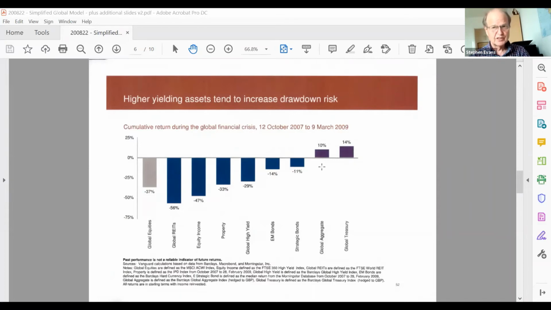So these were seen as safe haven assets. And if you had already been holding them in your portfolio, then you've got the benefit of that move to safe haven assets at the time when shares were crashing down.